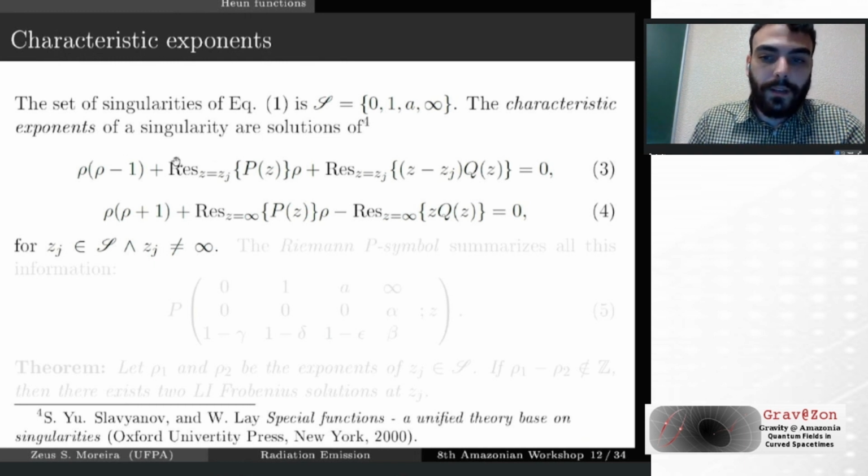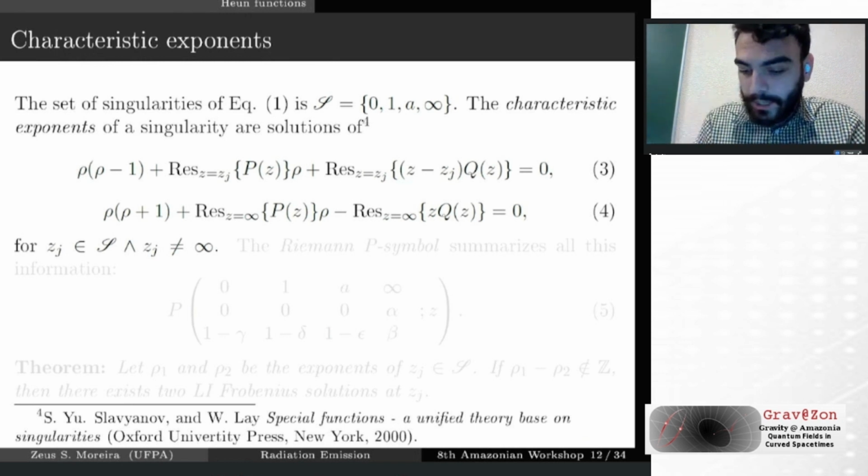The exponents are basically solutions of a quadratic equation, the indicial equation. Here is a quadratic equation for rho in equations 3 and 4. Equation 3 is valid for the singularities 0, 1, and a. For the singularity at infinity, you must solve equation 4. So we will have two solutions because it's a quadratic equation. So for each singularity, you have two exponents.